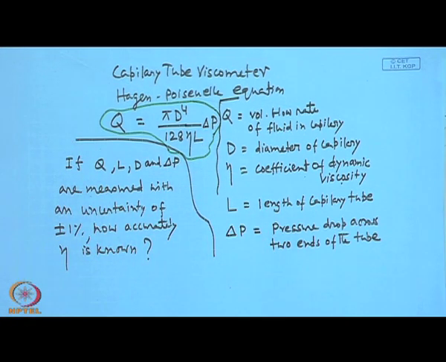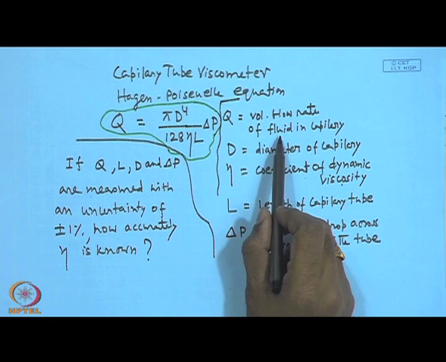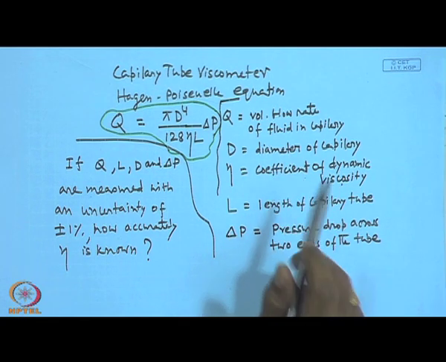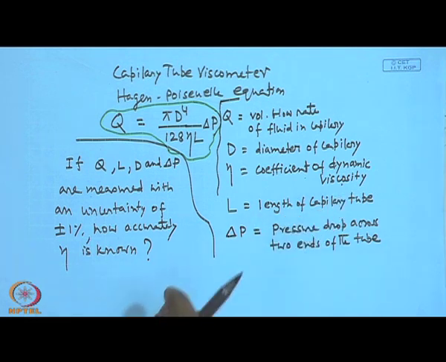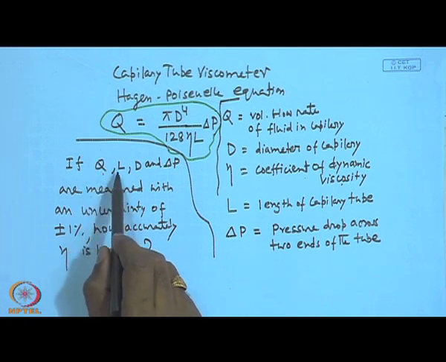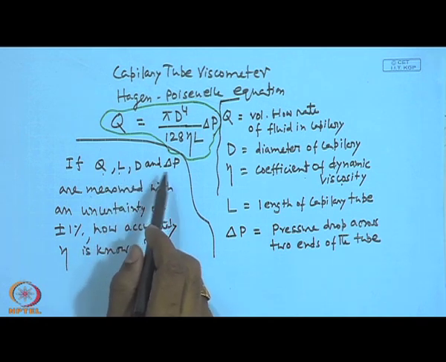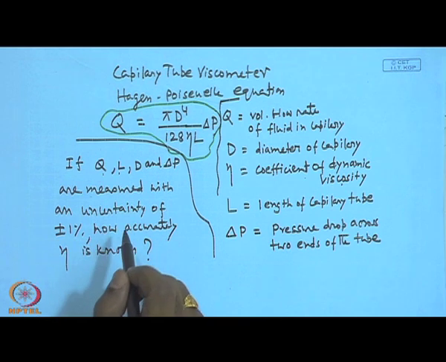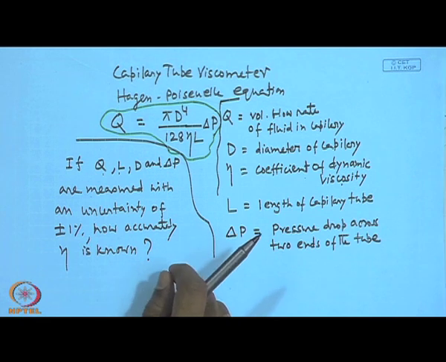This is the Hagen-Poiseuille equation, which can be used to determine the dynamic viscosity eta from the knowledge of volumetric flow rate, pressure drop, diameter and length of the tube. So, the question you ask is, if the volumetric flow rate, the length of the tube, diameter of the tube and the pressure drop are measured with an uncertainty of plus minus 1%, how accurately eta is known.